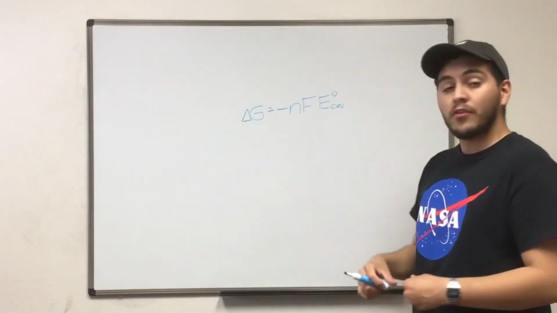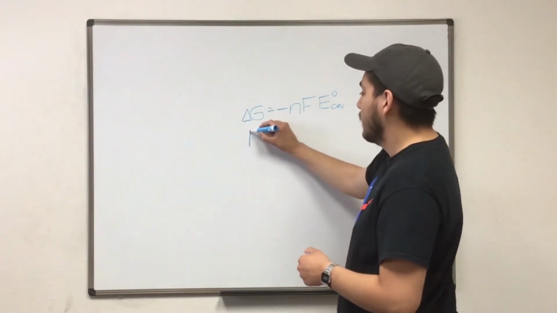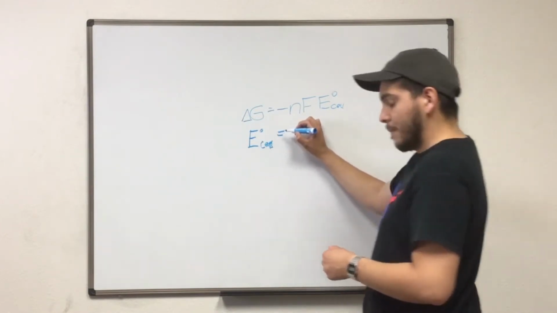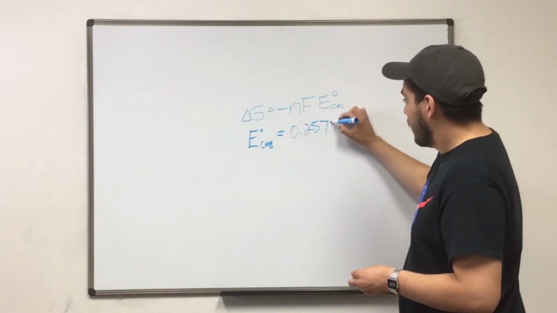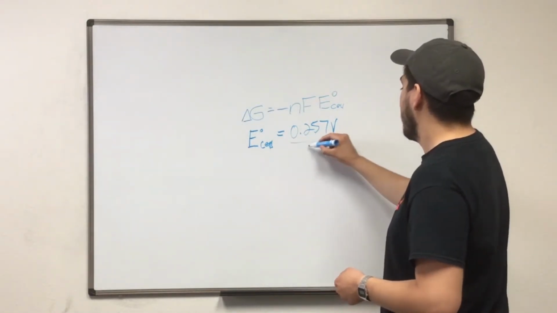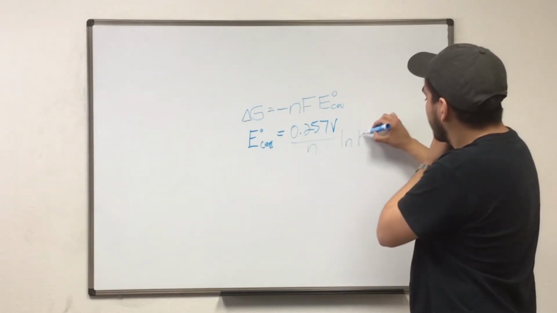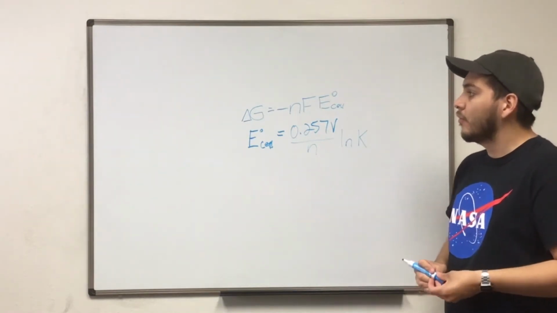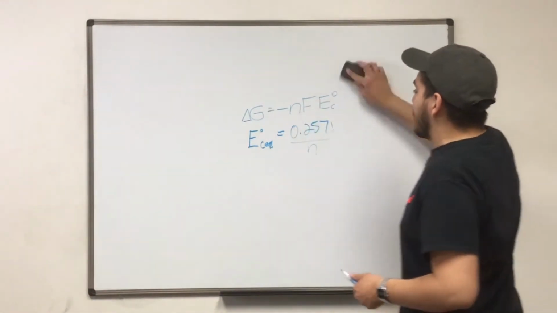Also, the other equation we're going to see is E cell equals 0.257 volts over n, ln K, the natural log of K, okay? So these two are the equations we're going to be using for the next example, and we're going to see how to work with these two equations.